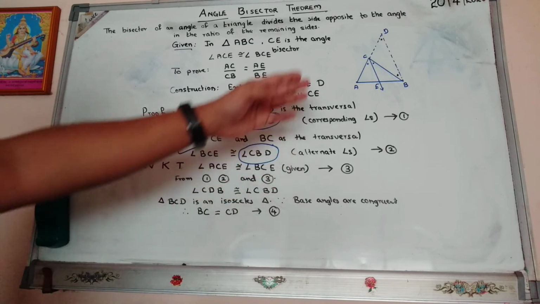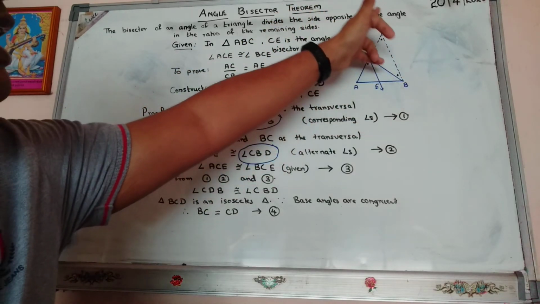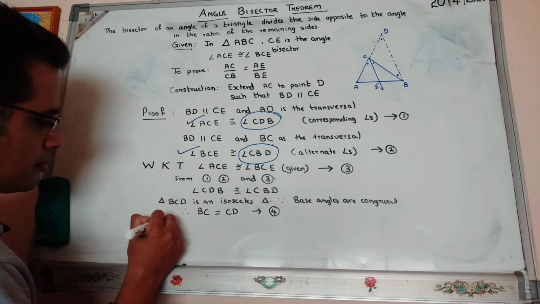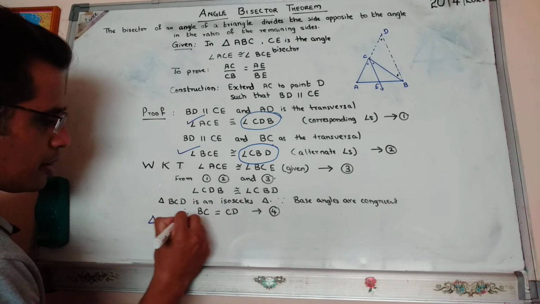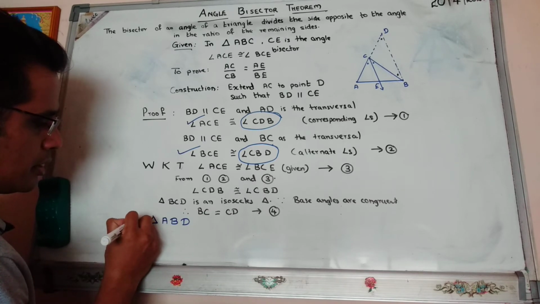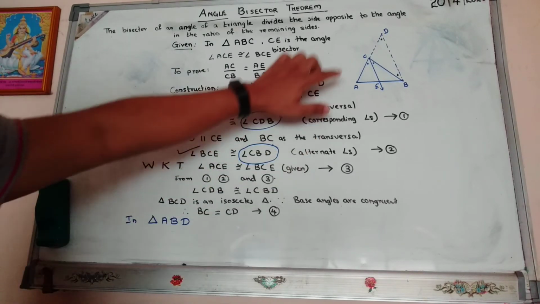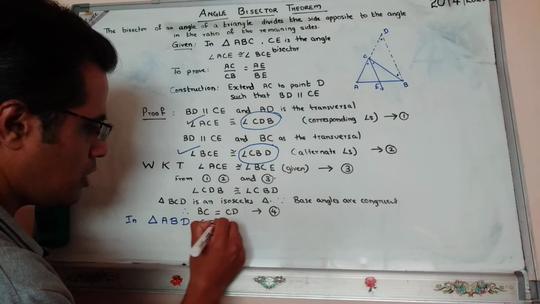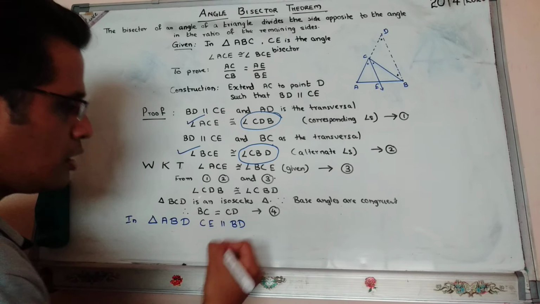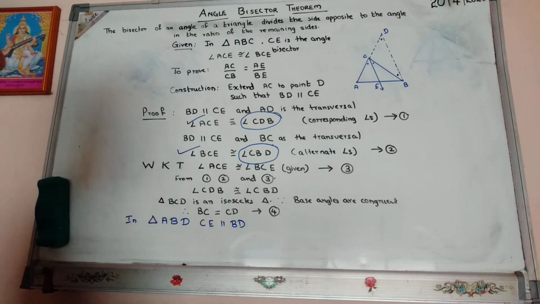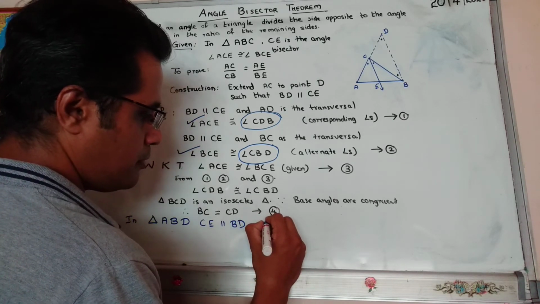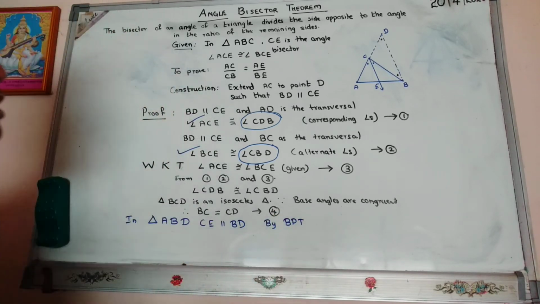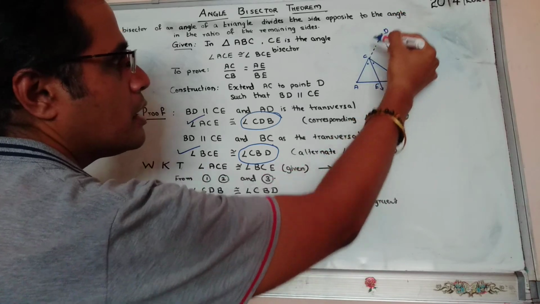Now look at this. If I consider triangle ABD, in triangle ABD, I know that CE is parallel to BD. So I can apply BPT. By BPT, what will I get?